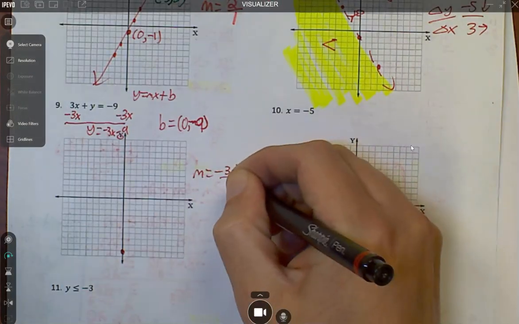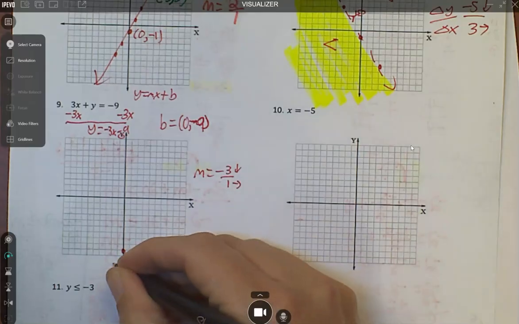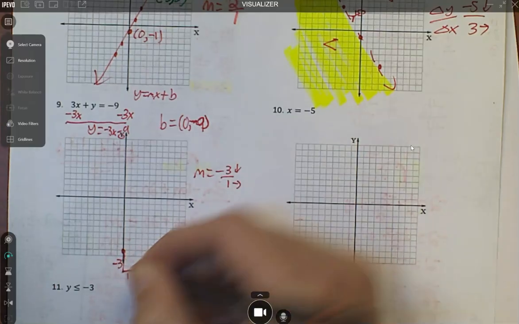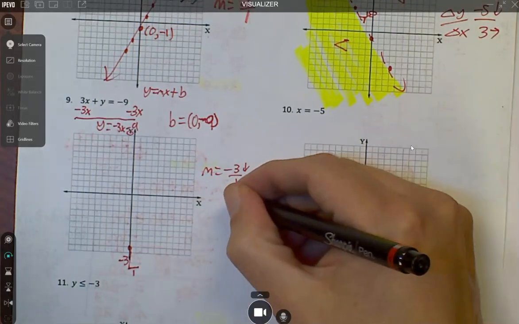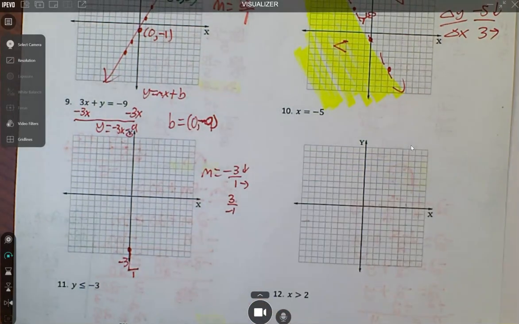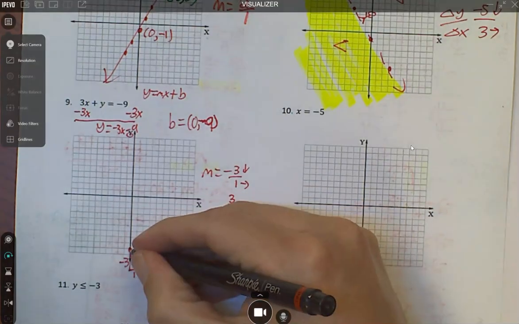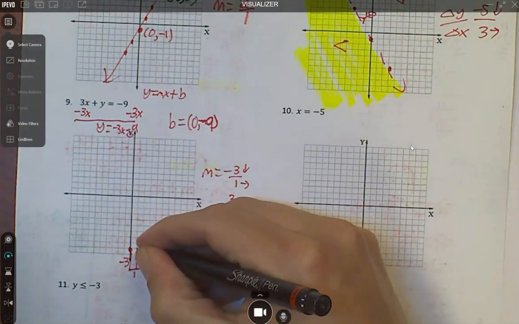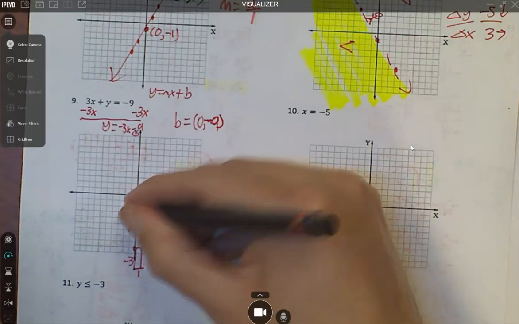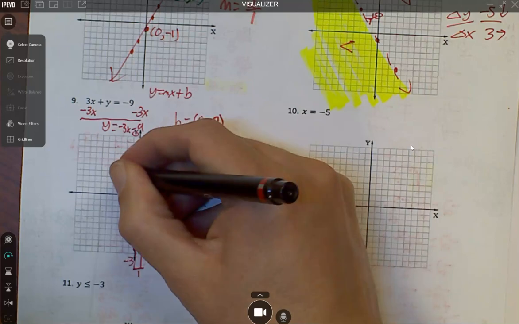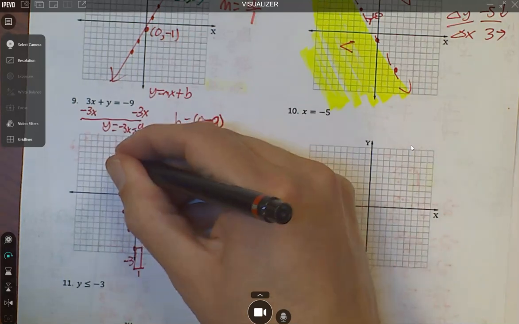You're like, I can't go down 3, right 1. So you have to do the opposite. You could do 3 over negative 1, and it's still negative. So go up 3, left 1. Up 3, left 1. Once we draw a line through it, you'll see why the slope is negative 3.